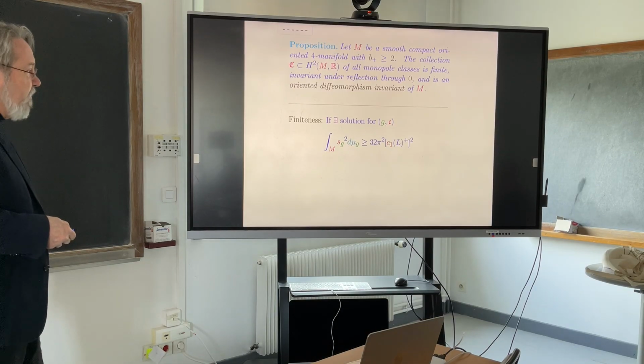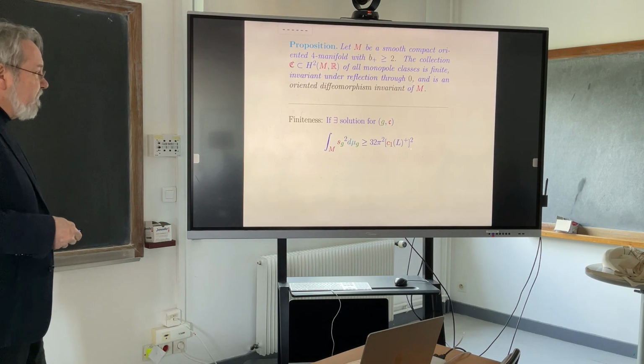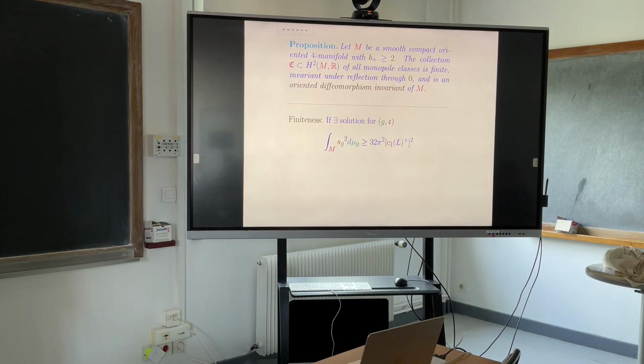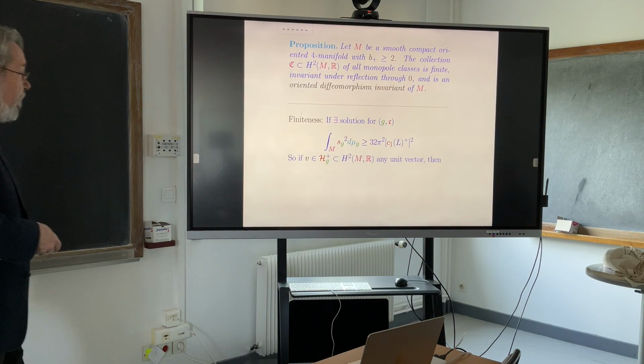So you take c1 of L, take its harmonic representative, take the self-dual piece of that, now take its square in the sense of cup product, and then multiply by a certain constant, 32 pi squared.